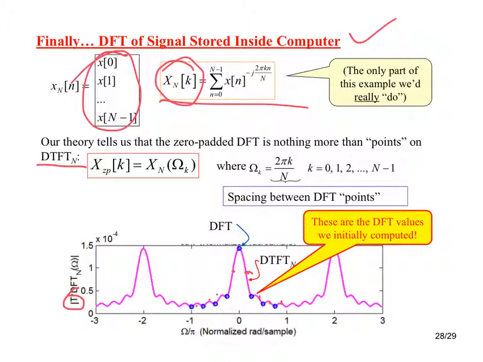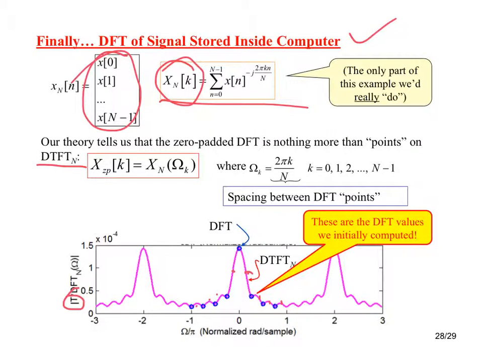They will always lie on the DTFT sub n, no matter how much we zero pad. So zero padding can't fix the smearing error due to collecting a small number of samples. Don't let anybody ever tell you that it can. There are some people out there who don't really know what they're talking about and will try to tell you that zero padding fixes that.